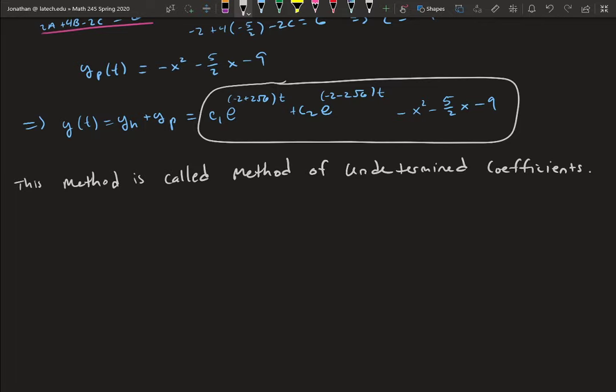So we chose the particular solution to be of the same form as the right-hand side of the differential equation. And it was a quadratic over there, so we just picked the most general quadratic we could. So that's how we pick, well, most of the time, that's how we pick our particular solution.